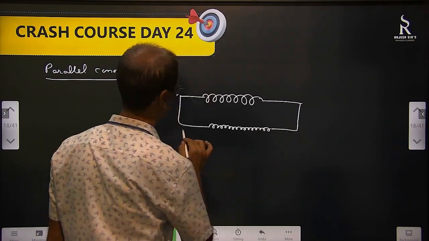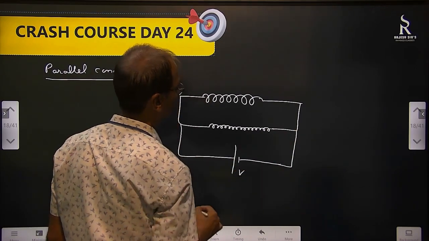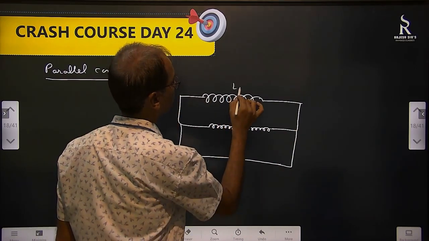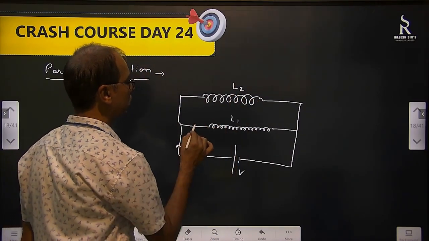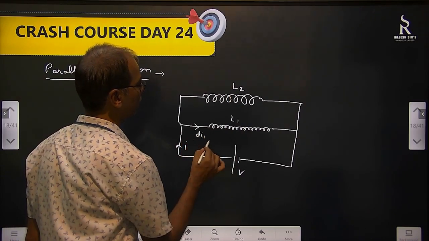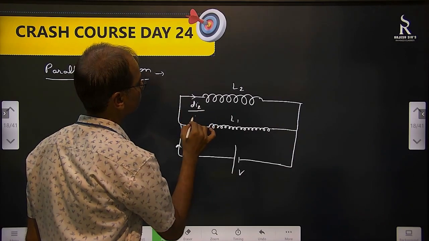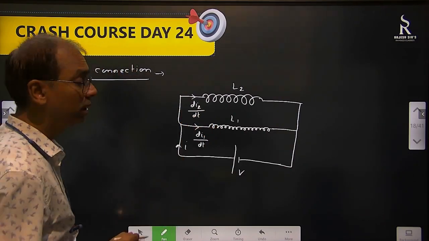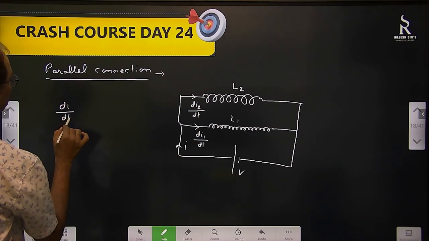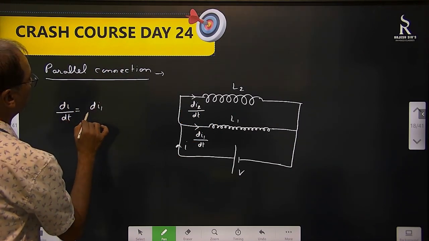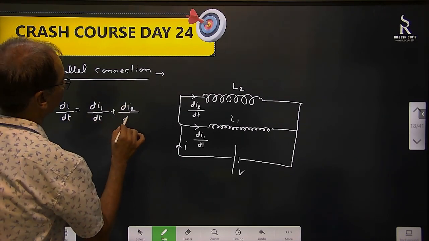Two different types, and they are connected with a battery. This is V, this is L1, this is L2. So through this I current goes, here goes change in current, let's say di1 by dt, and here goes di2 by dt. So net change in current di by dt we can write as, according to junction law, di by dt is equal to di1 by dt plus di2 by dt. Simple, right?